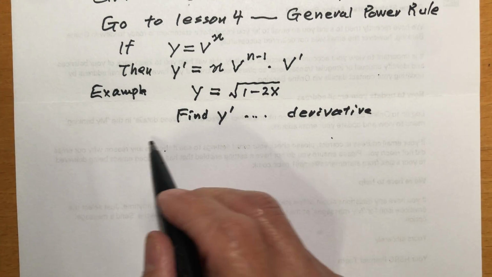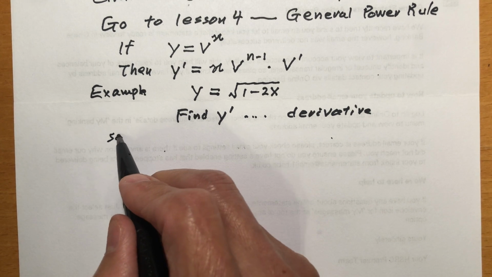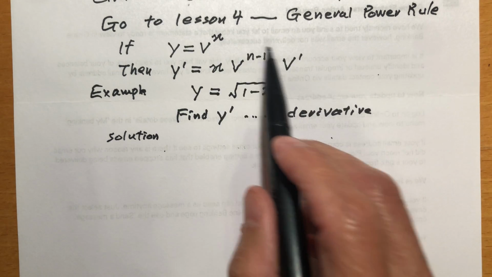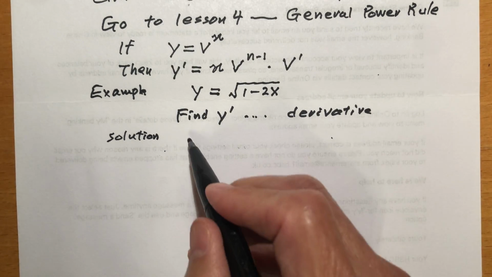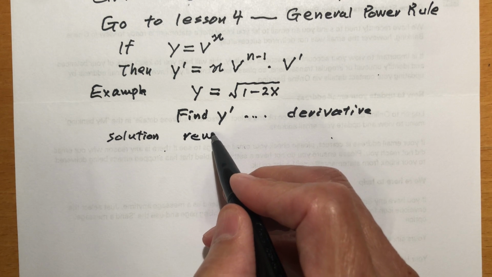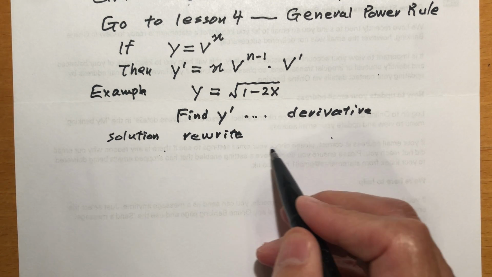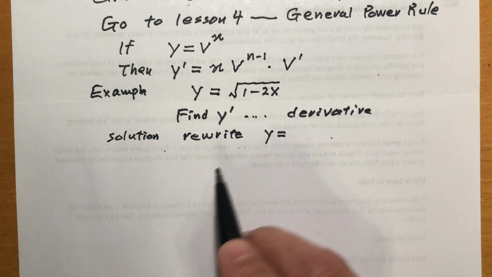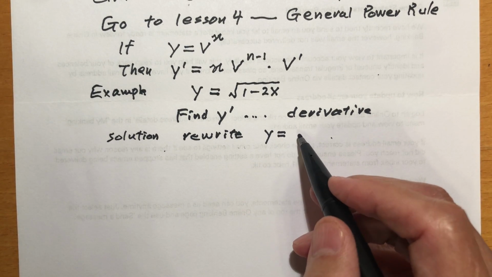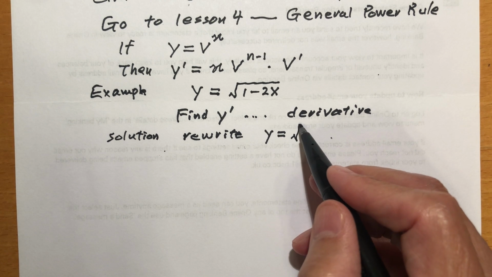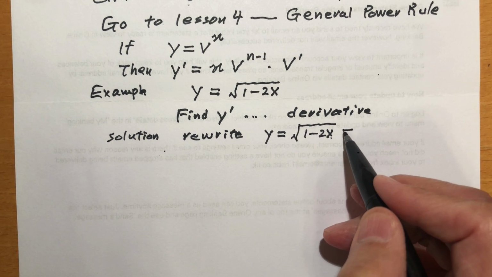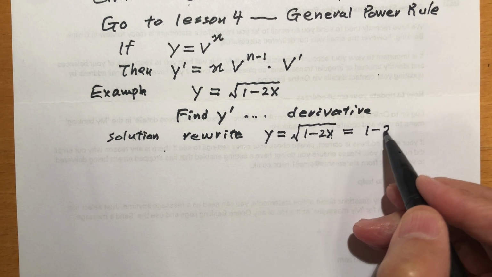Now, how do we do that? This is already done in lesson 4, but we are repeating it. So you rewrite it. Y is equal to the square root of (1 minus 2x), but the square root can be written as an exponent.